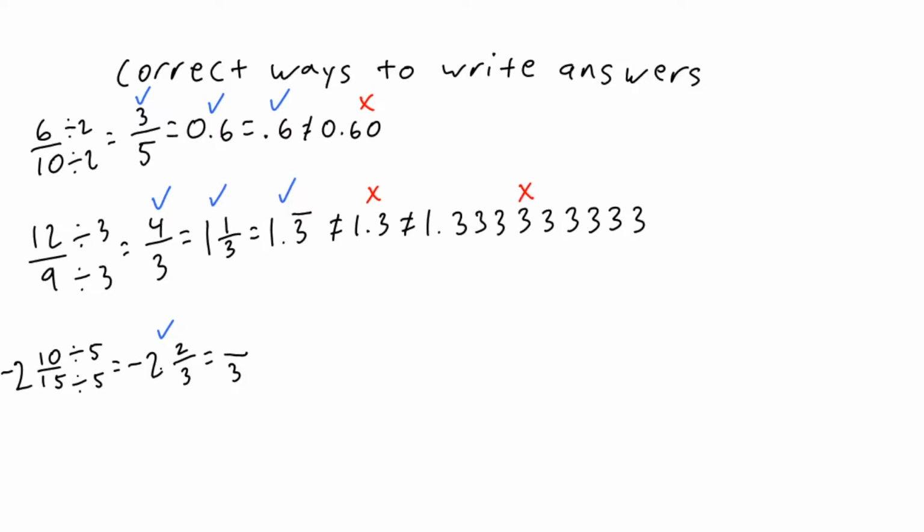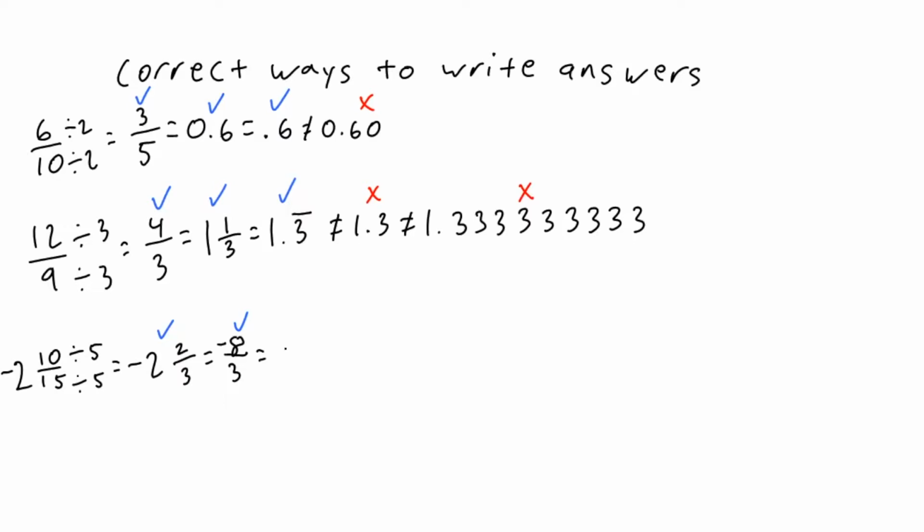So we take the 2, leave the negative alone for the moment, and multiply that by 3. 2 times 3 is 6, and then plus the numerator, 2, is 8. So we have 8/3. But now there's a negative here. So we have -8/3. So -8 over 3, that is a correct way to write the answer.